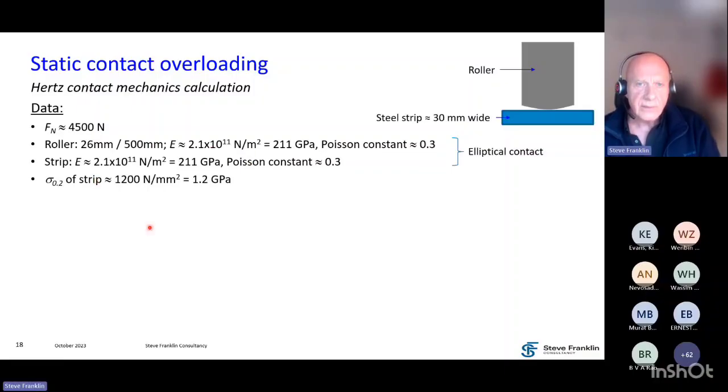And we have some data about the yield stress, or in this case, the 0.2% proof stress of the strip, which tells us when the stress is so high that it starts to deform plastically rather than elastically.